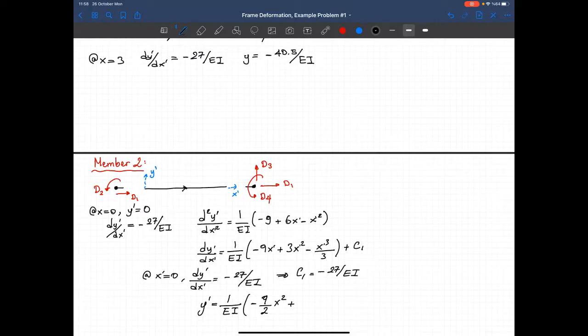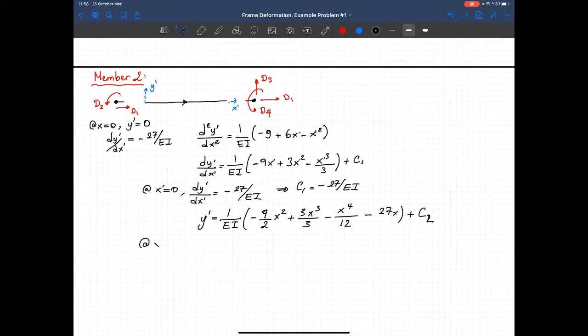Then 3x cubed over 3 minus x to the power 4 divided by 12 minus 27x plus C2. So at x equal to 0, y is equal to 0, this tells me that C2 is equal to 0.